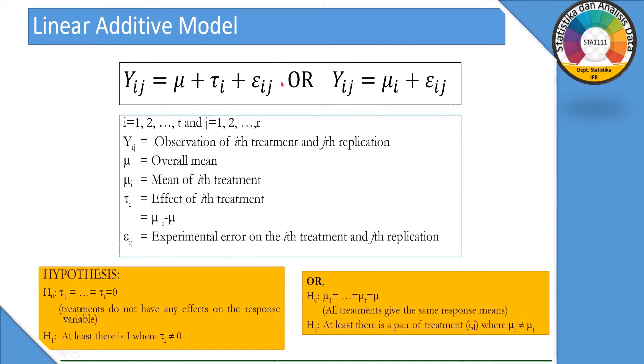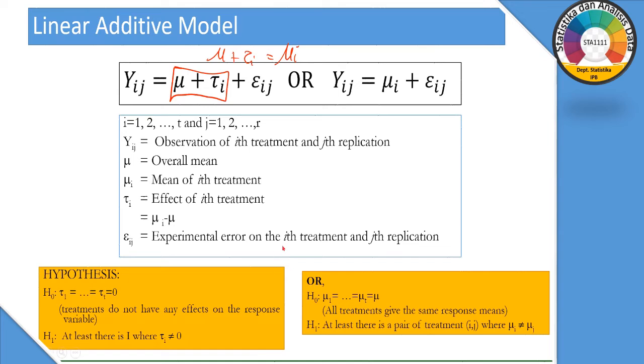Or you can also rewrite this linear model as Yij, which is the response, is equal to the ith treatment mean plus the experimental error. Basically, mu plus tau i is equal to mu i. That is why the left and the right are the same. So that is the linear model.